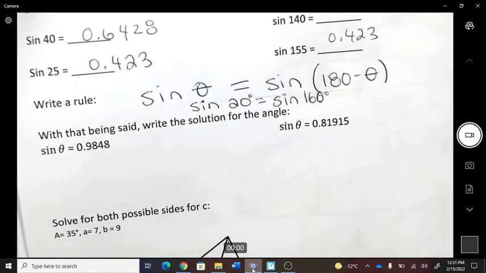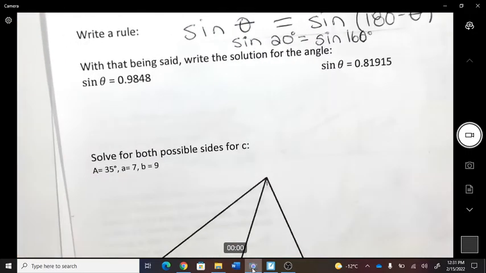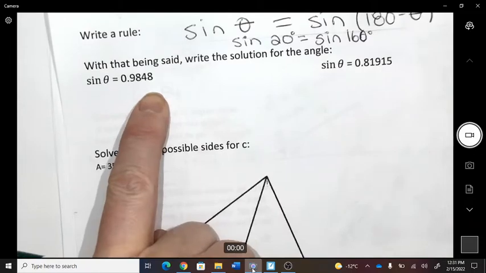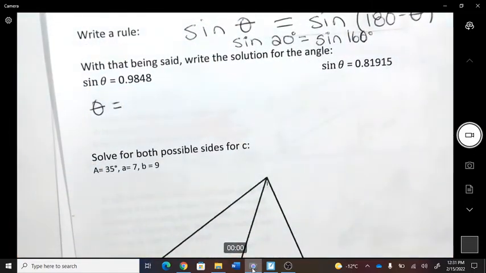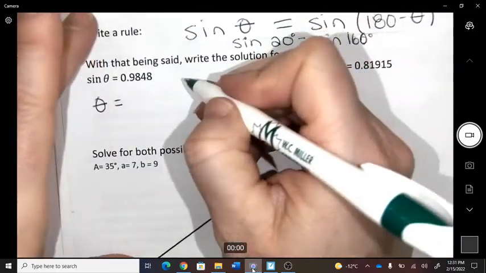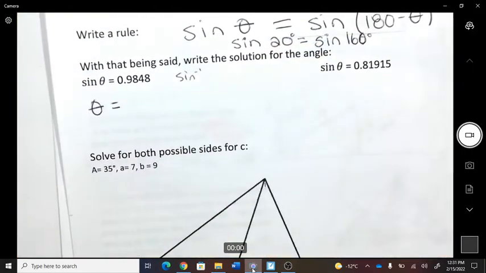Okay, so now how do we take this concept and work backwards from it? If I give you the trig value, what is the angle? How do you get an angle again? Inverse. Can you inverse that?